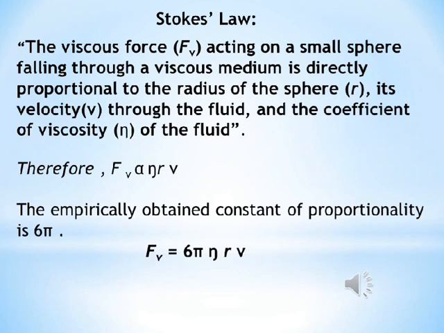It will differ with the material of the fluid. If I consider water, the velocity will be greater than if we consider oil or honey. It will be different, so that depends on the viscous force. So this is all about Stokes law.